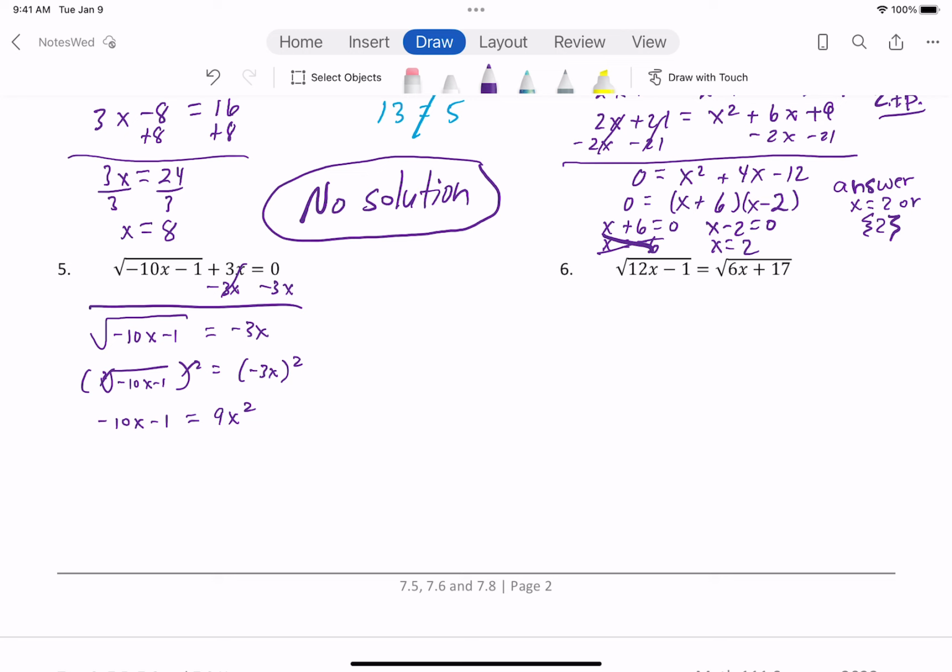And again, we have a quadratic. And I like to factor with a positive lead coefficient. So I'm going to move these two terms over, get equal to 0 so that we can factor and use the zero factor property.